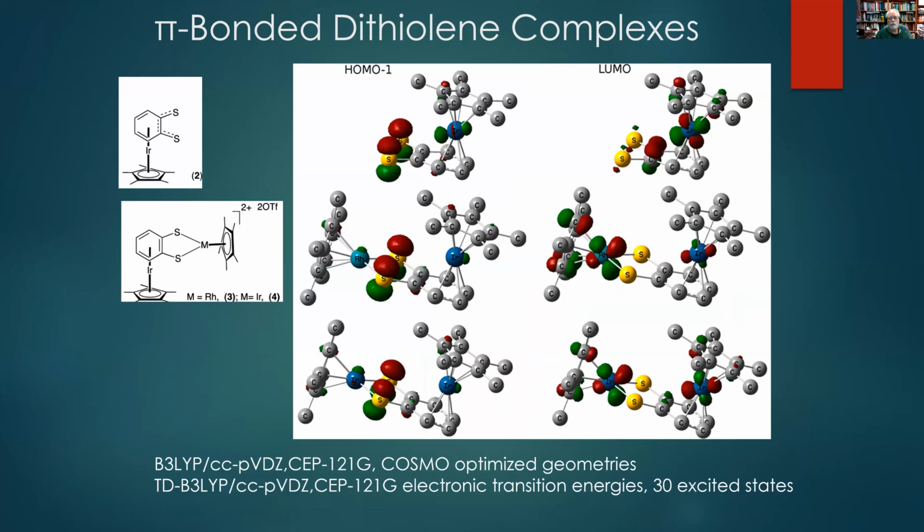So now what we're looking at here are for molecule 2, this smaller iridium complex, and then the bimetallic complexes 3 and 4, 3 with the rhodium and 4 with the second iridium. These are the molecular orbitals that, for the most part, are responsible for those transitions. The HOMO -1 means the highest occupied molecular orbital -1.